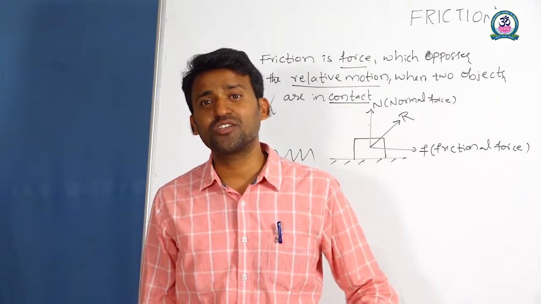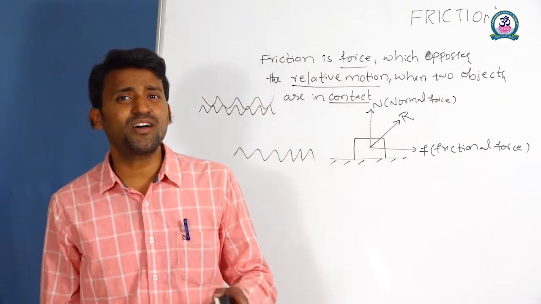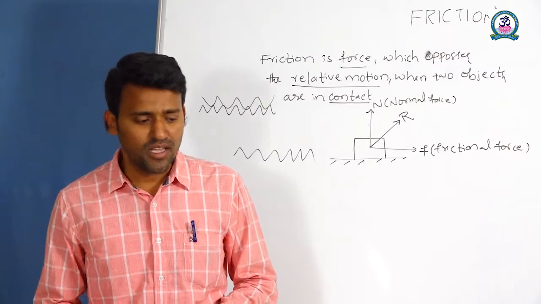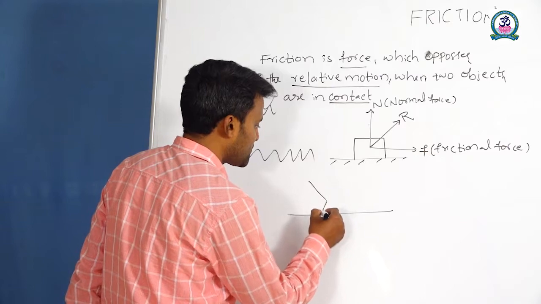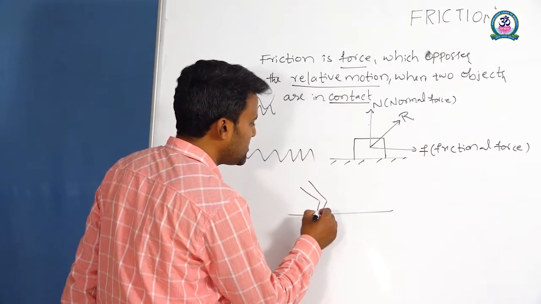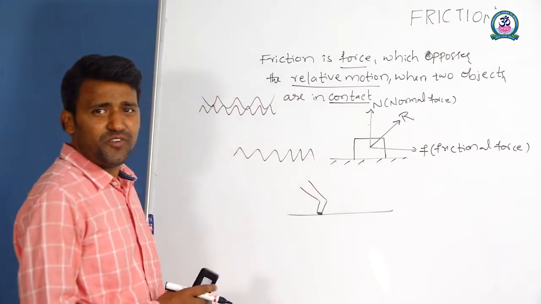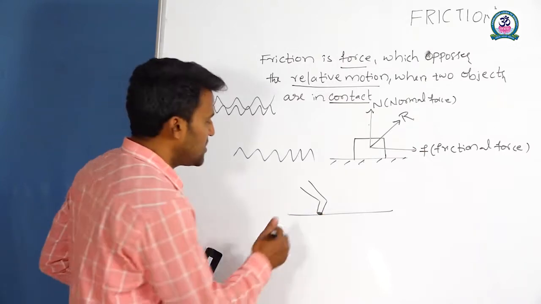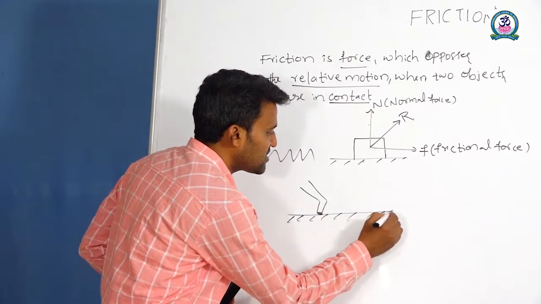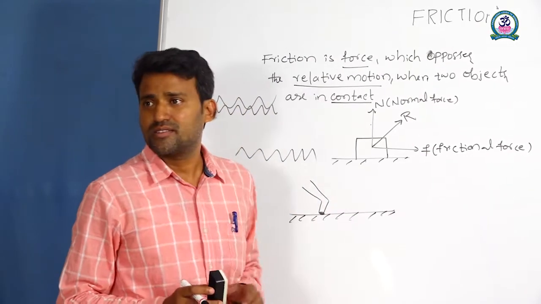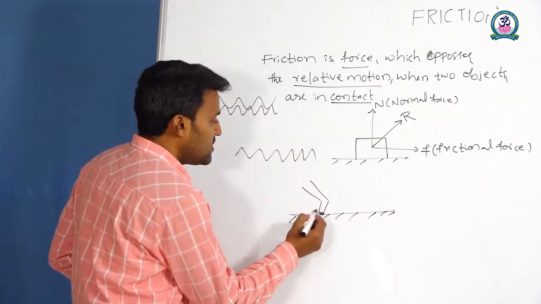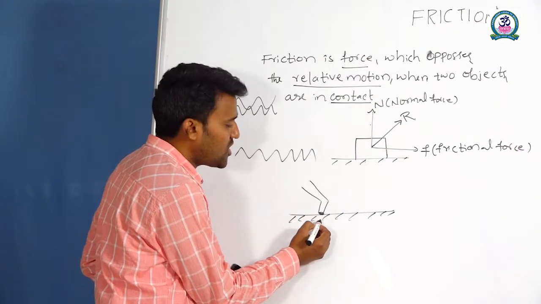Now in the second case, where it supports the motion: while a person is walking on the ground, his feet are in contact with the ground. Now his feet and the ground are both in contact.